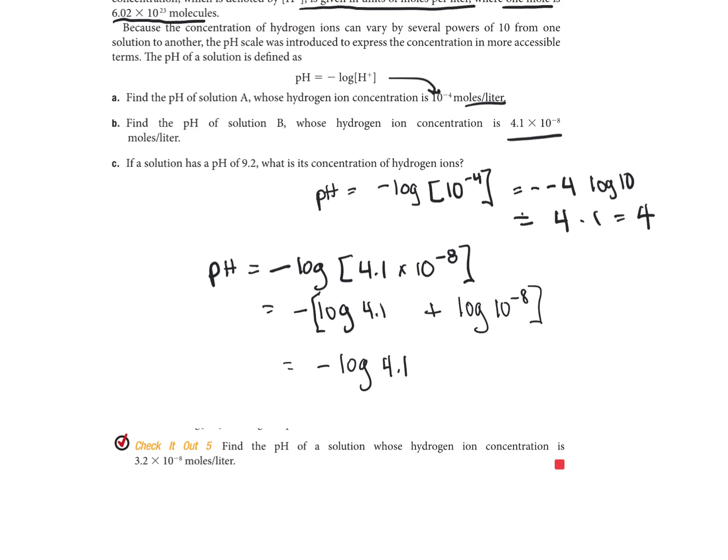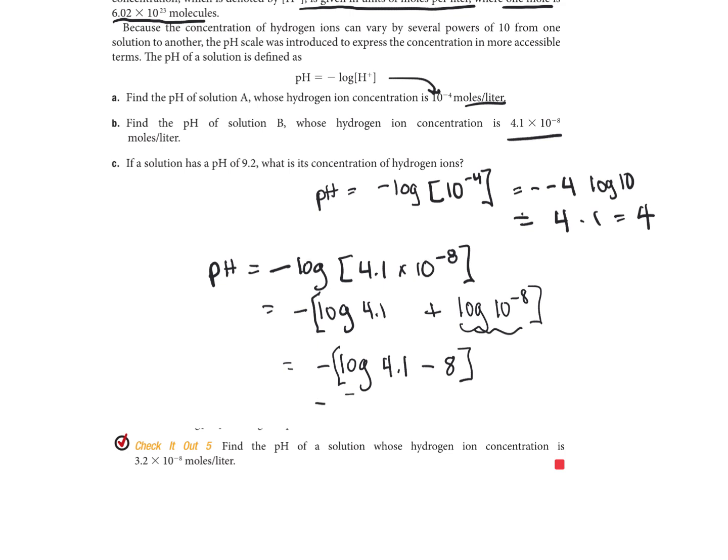Sorry, we need this negative 8 there. And let's find out what log 4.1 is on our calculator. So log of 4.1 is 0.612789.